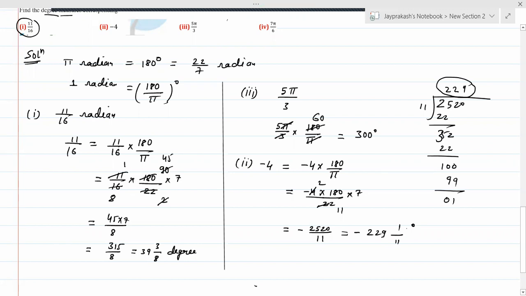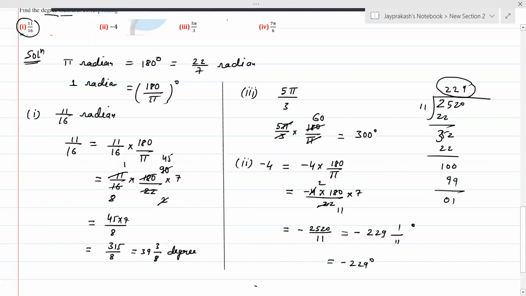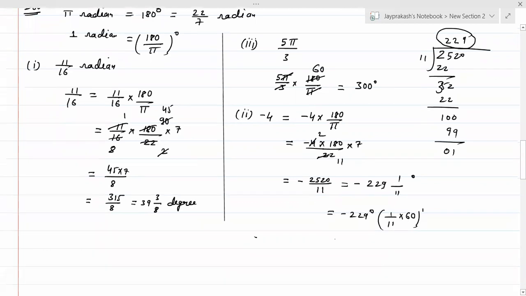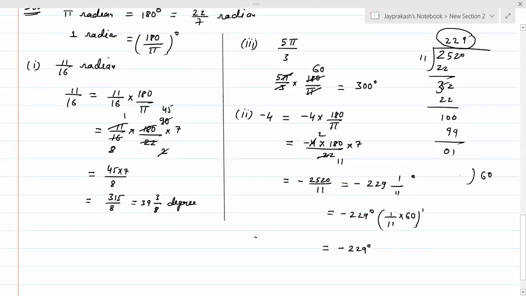Now 1 by 11 degree is a bit complicated. So now you have to convert it into minutes or seconds. So 229 degree is done. Now 1 by 11 degree has to be changed into minutes. At that time again you have to multiply by 60. When you multiply by 60, that will change to minutes. Now let's divide 60 by 11.